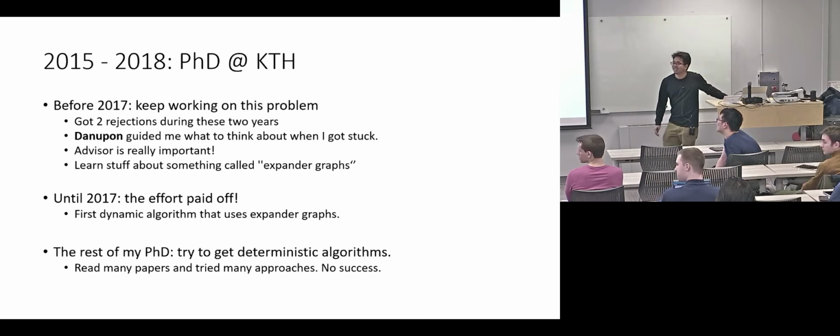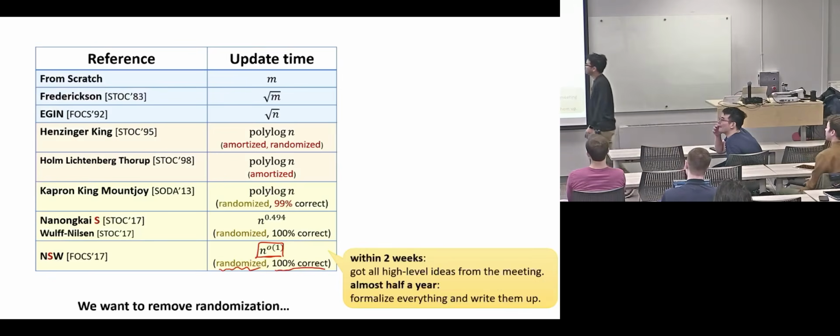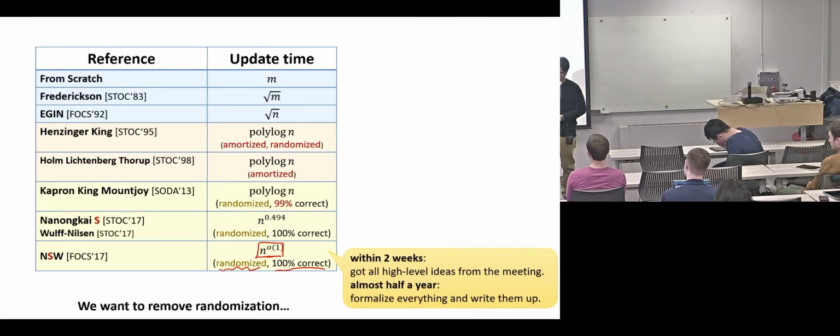Why is randomization bad? Yeah. So there are many answers to this, but for example, when you try to write down any algorithm and want to debug it, if the algorithm is deterministic, then you know exactly what the configuration of your algorithm is on every step.